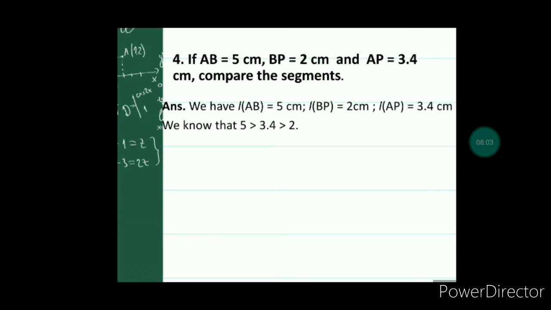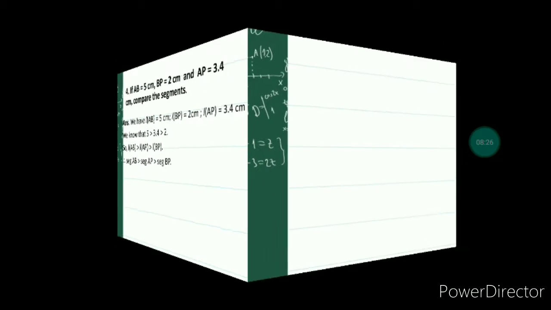We know that 5 is greater than 3.4, which is greater than 2. So, length of AB is greater than length of AP, which is greater than length of BP. Therefore, seg AB is greater than seg AP, which is greater than seg BP.